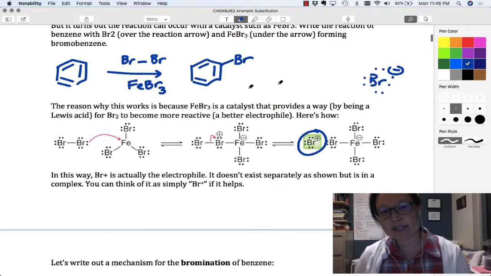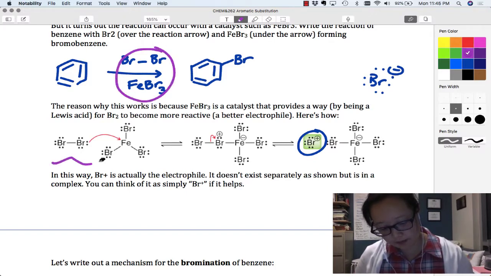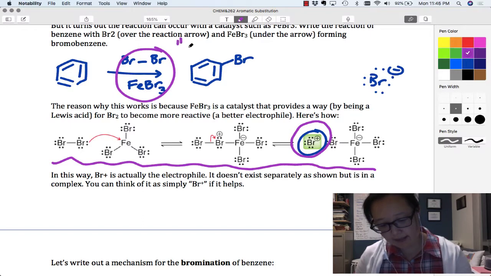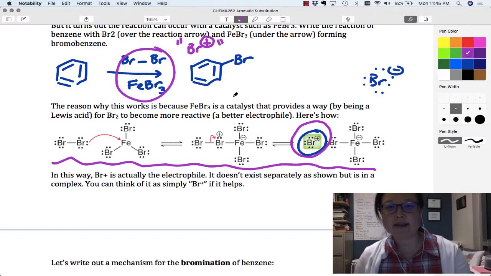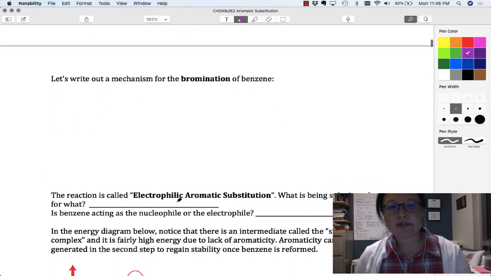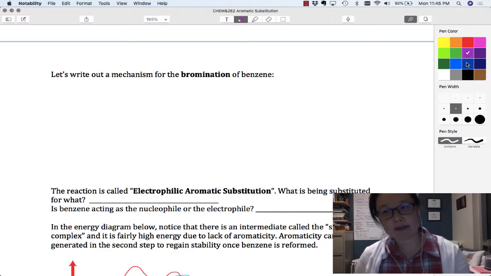So whenever you see these, think of what's going on here and just think of it as, quote, Br plus, even though that's not just floating around by itself. So let's write a mechanism using that Br plus.